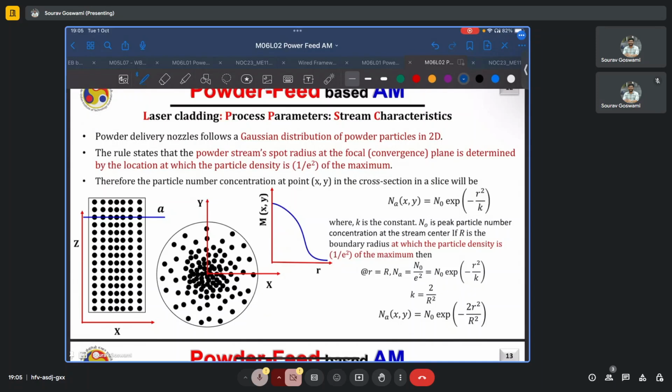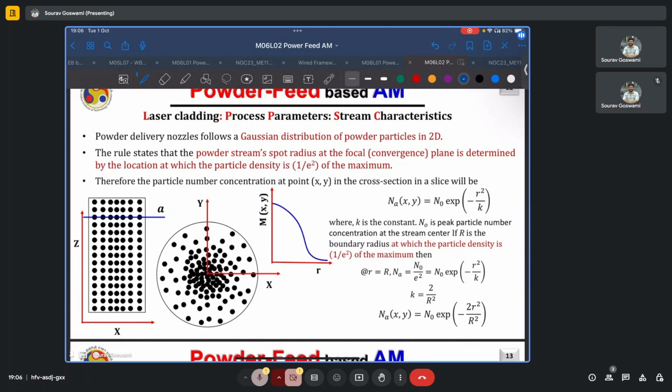The rule states that the powder stream's spot radius at the focal or convergence plane is determined by the location at which the particle density is 1 by e square of the maximum. So this is your typical definition of the radius of a Gaussian intensity distribution. We know that it goes on till infinity, but within a region of around 1 by e square, some 95% of the, in this case particles, or in some cases energy, may be stored.